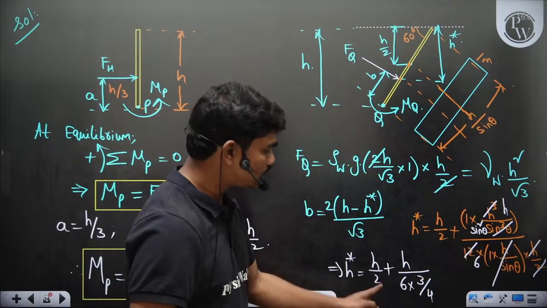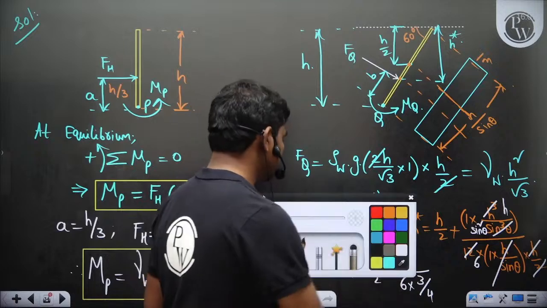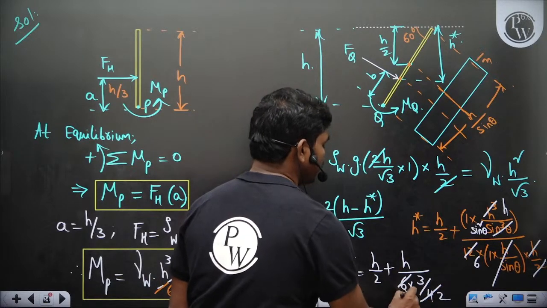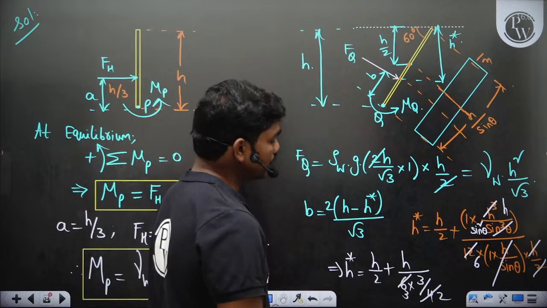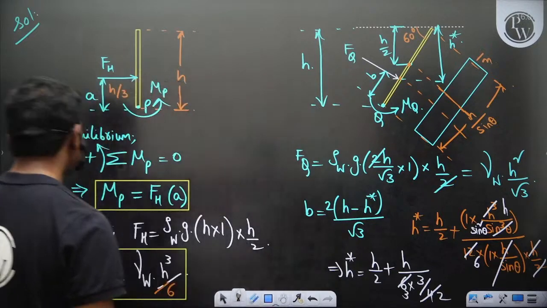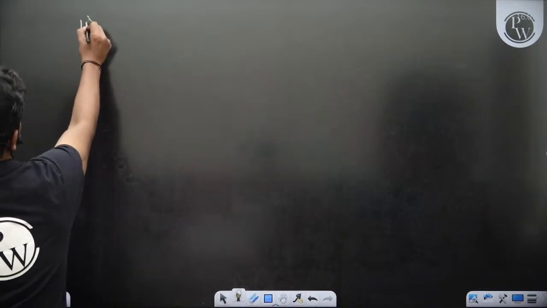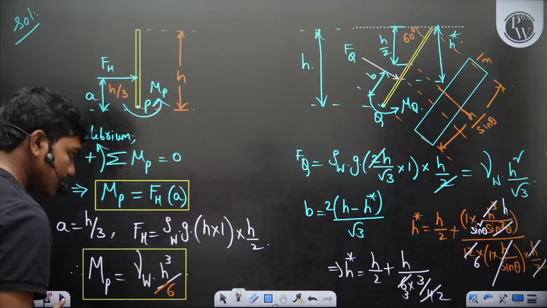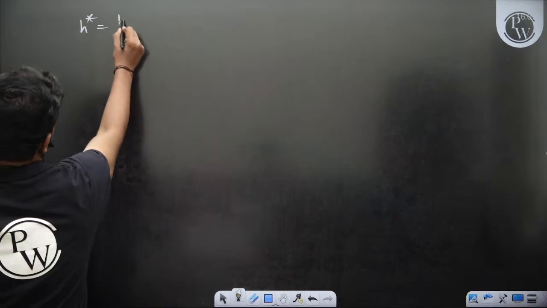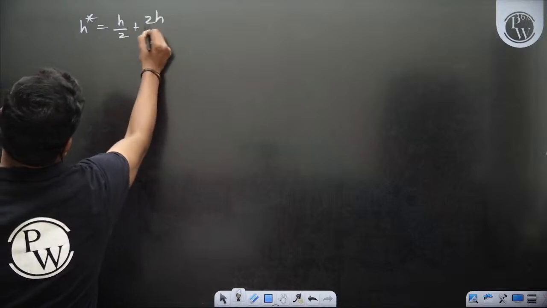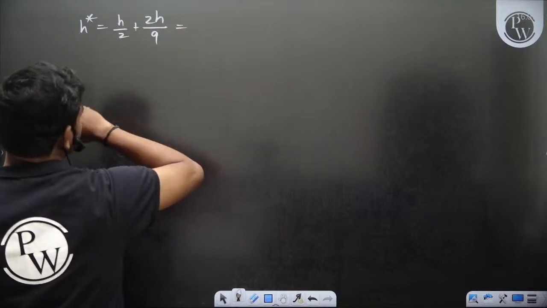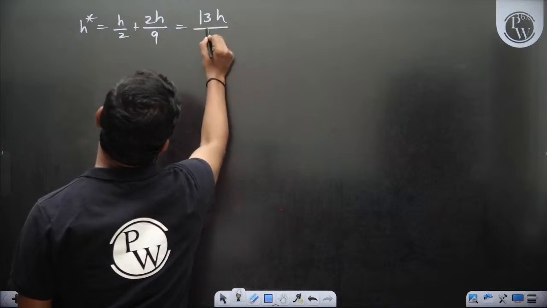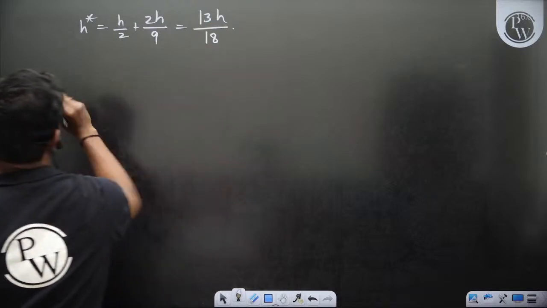Okay, so h by 6 into 3 by 4. Then let's see, 2 fours and this is 3 times. Okay, so 2h by 9. So h star value in that case is equal to h by 2 plus h by 9, 2h by 9. So this gives you 9 plus 4, 13h by 18. Okay, so this is 13h by 18.